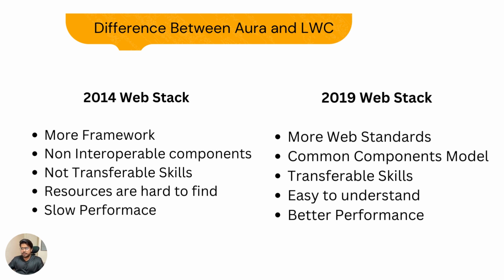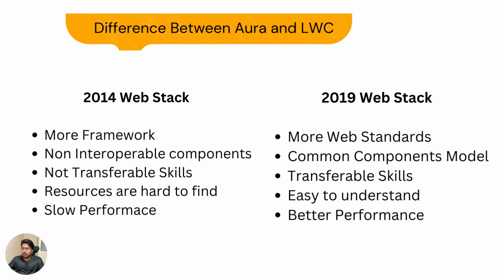This is for developers. The next thing is that resources are hard to find. It is a type of skill. If you want to work on Aura component, Angular component, or React, the resources are very difficult to find, because you have to find every resource differently. For Aura, a different person; for Angular, a different person.